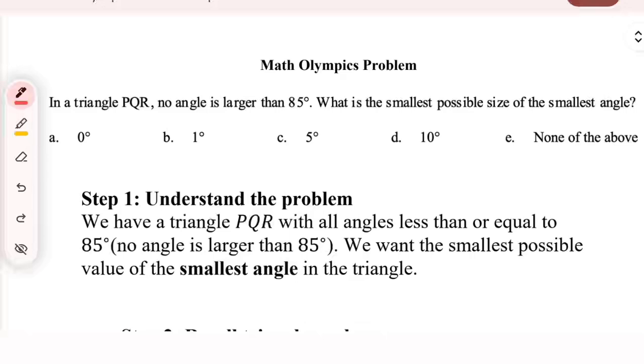It could be equal to 85, but not greater than 85. So it could be 85 or less. But what we want is the smallest possible value of the smallest angle in the triangle. So what do you think is the smallest angle if none of the angles could exceed 85 degrees? That is what the problem is about.